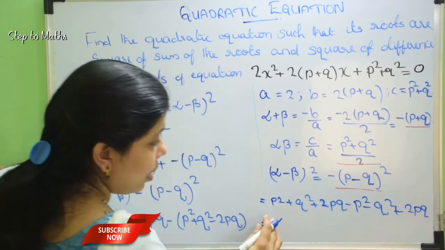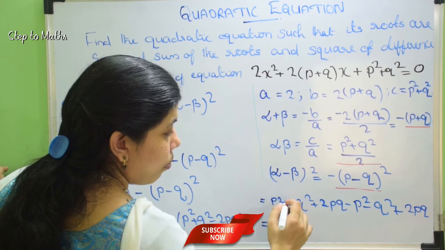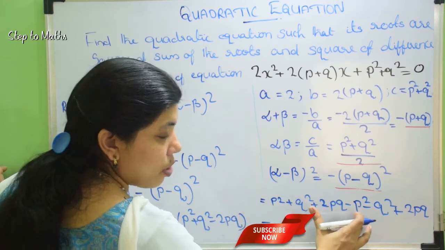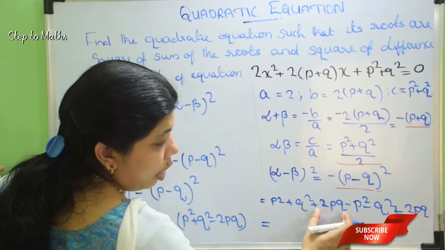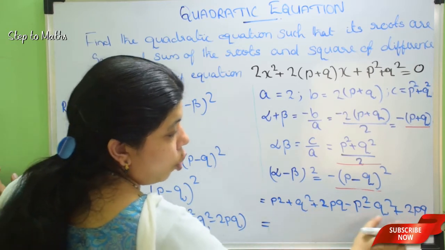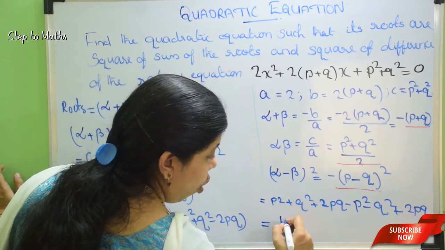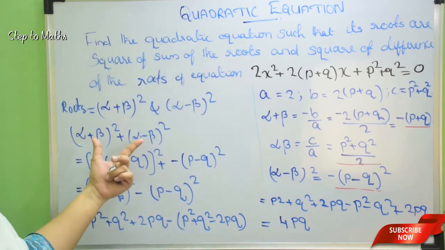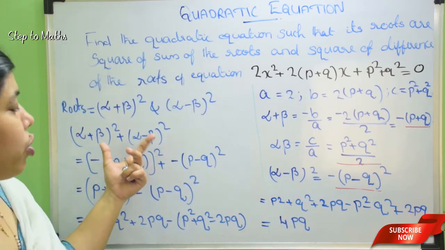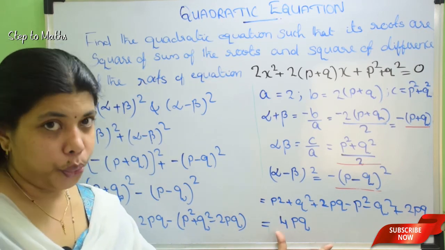If we simplify this, p square and minus p square is 0, q square minus q square is 0, then the remaining is plus 2pq plus 2pq. 2pq plus 2pq is 4pq. The sum of roots of the required quadratic equation is 4pq.